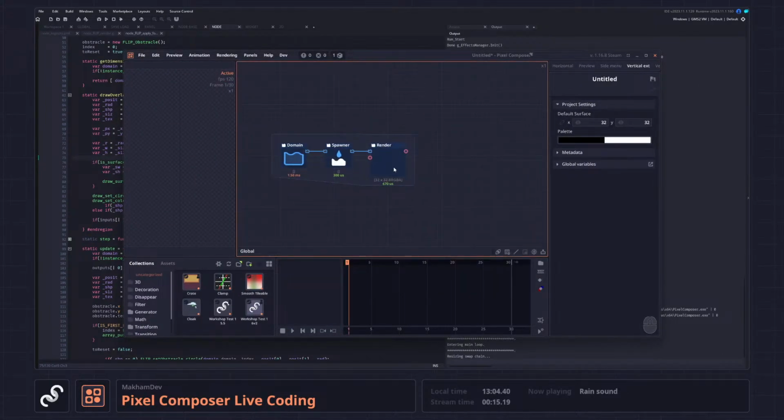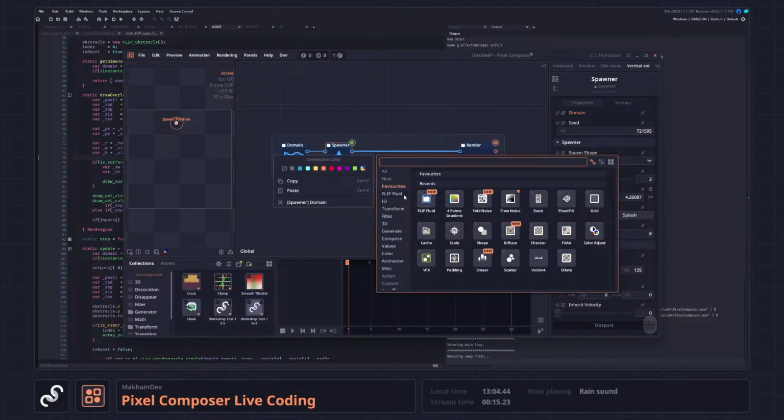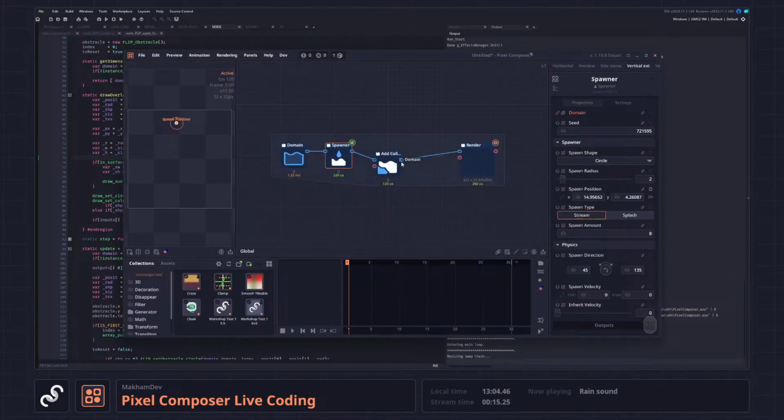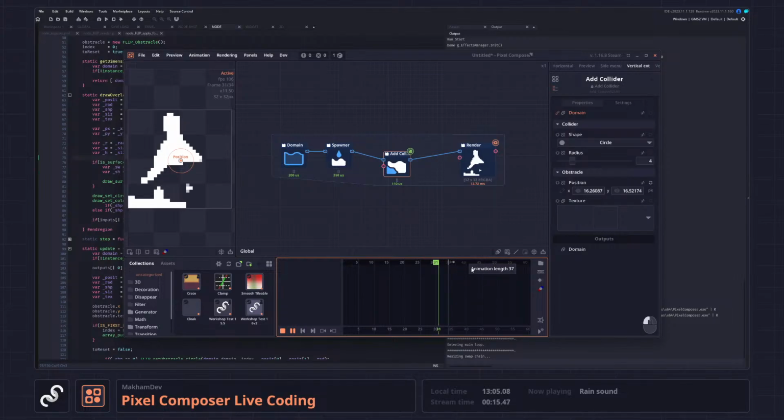Say flip fluid, spawner, collider. If the fluid flows toward the collider, it will kind of avoid the collider properly, right? Kind of, because it just phases into the collider a little bit there. That's kind of weird.